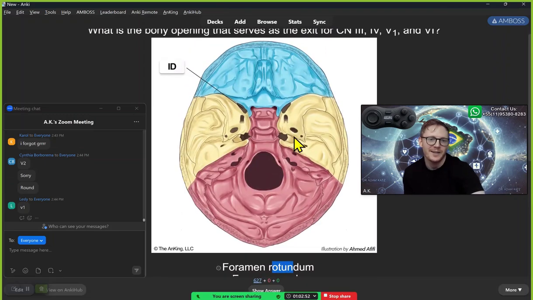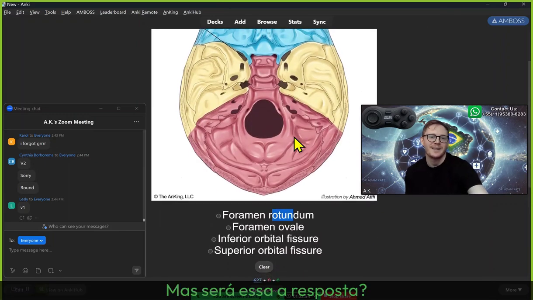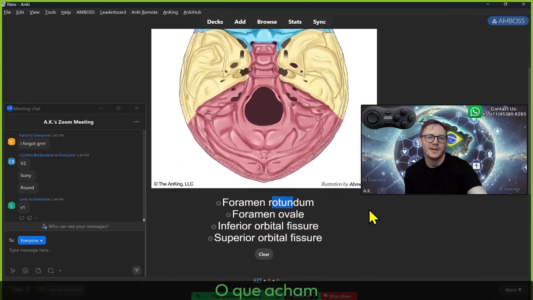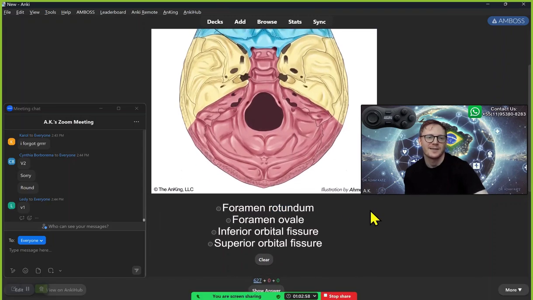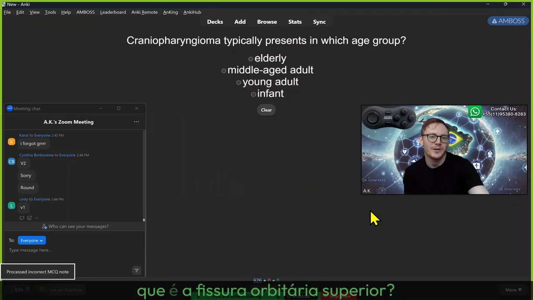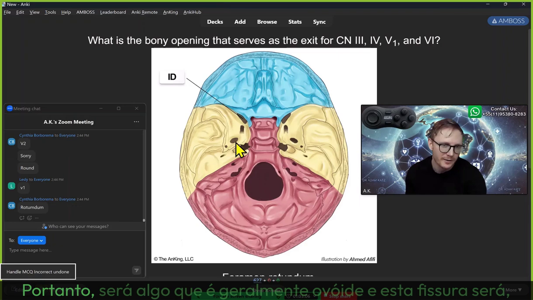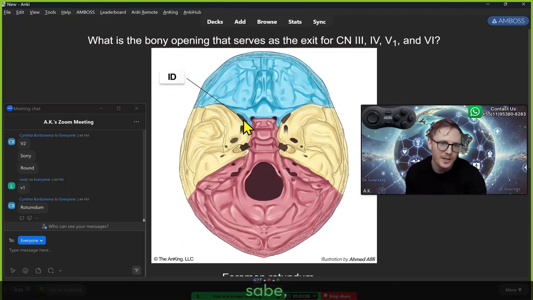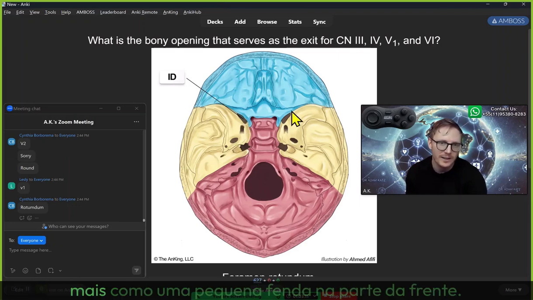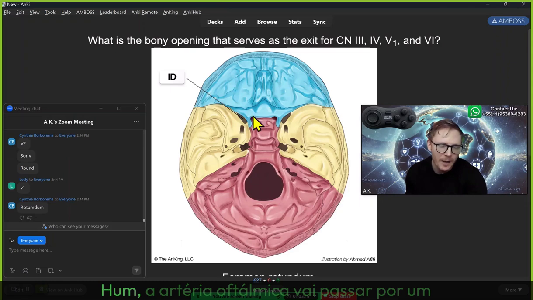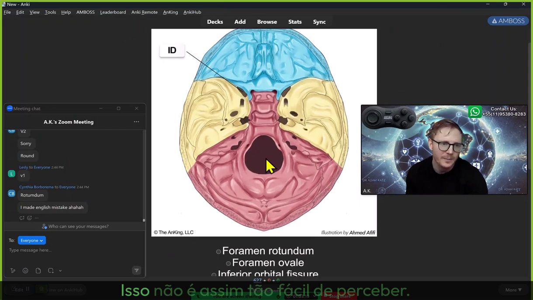It's rotund, but is that the answer? What do you guys think? It's the superior orbital fissure. So that's a fissure. A foramen is usually ovoid, and this fissure is more like a little slit in the front. The ophthalmic artery goes through a hole here that's not as easy to pick out.